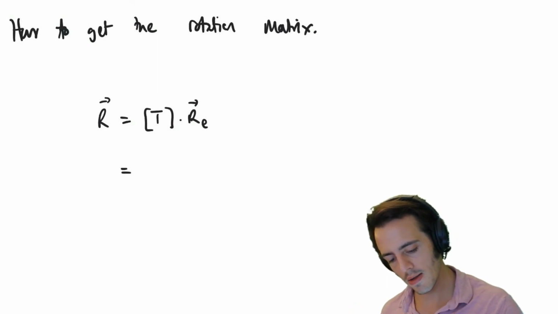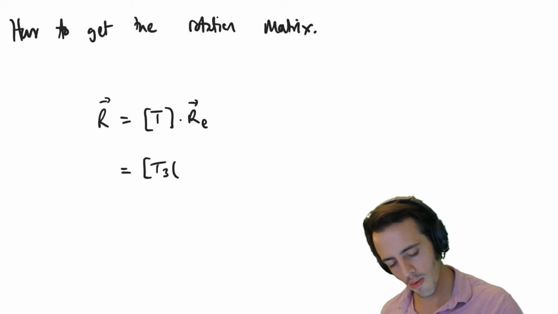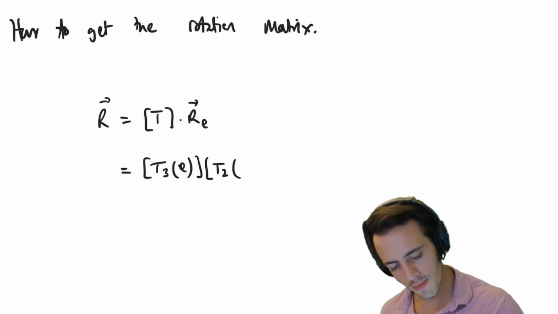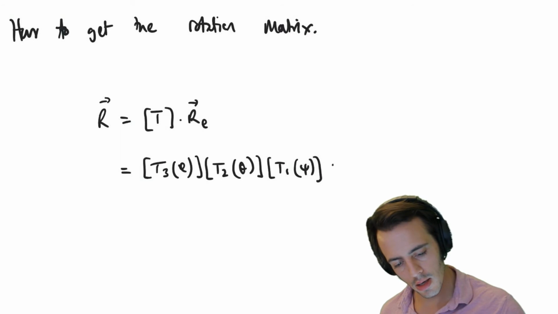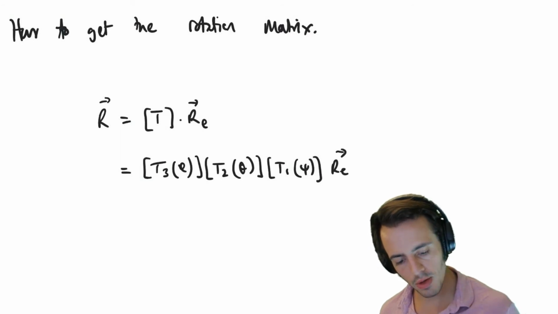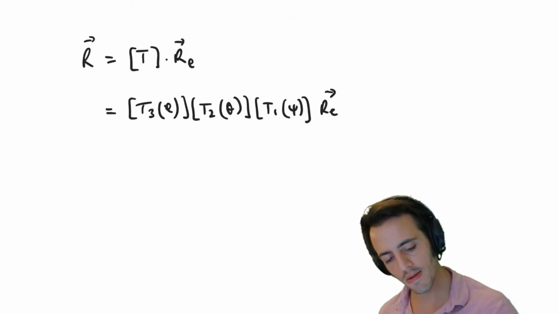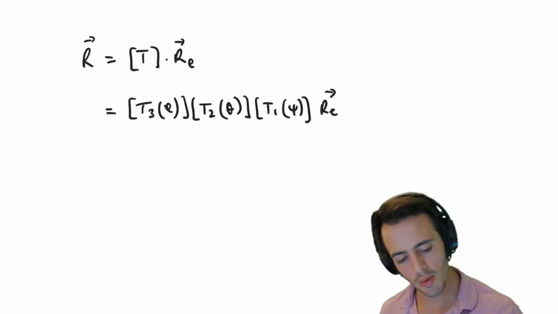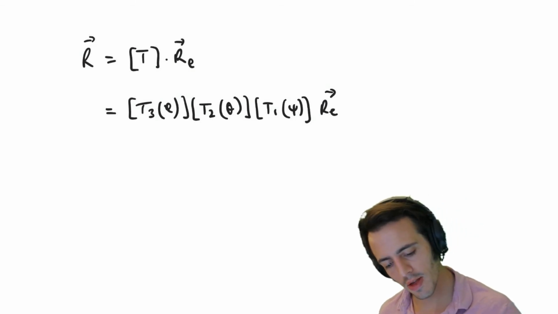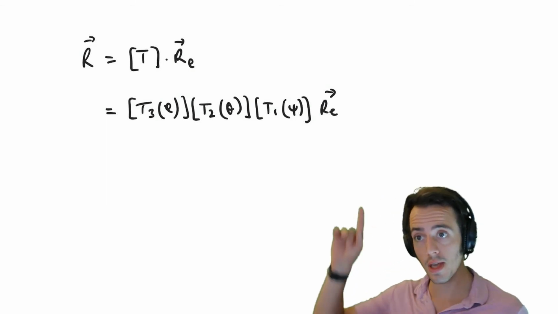So it's going to be equal to T3, which is a function of the roll angle, multiplied by T2, which is a function of theta, multiplied by T1, which is a function of psi, multiplied by RE. Producing each of these is going to be relatively simple, I hope, and we're going to work out how to produce these. It's just the same procedure performed 3 times to get each one of these.